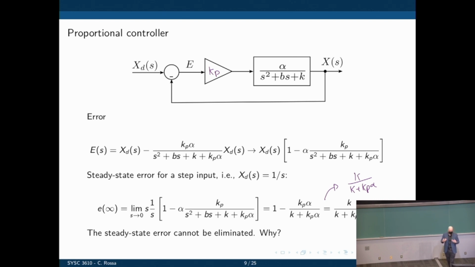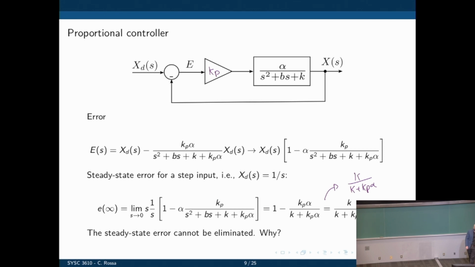Right? And why? Again, because if there is no steady state error, there is no force acting on the mass. Is it clear that the steady state error can never go away in this scenario? These equations just prove that point. The greater Kp, the smaller the steady state error, but it can never be eliminated.